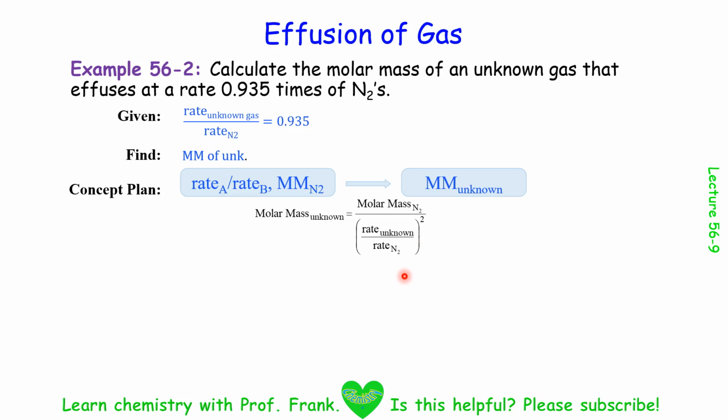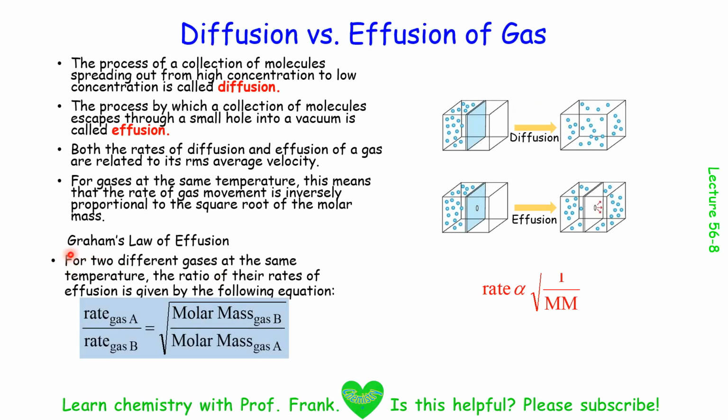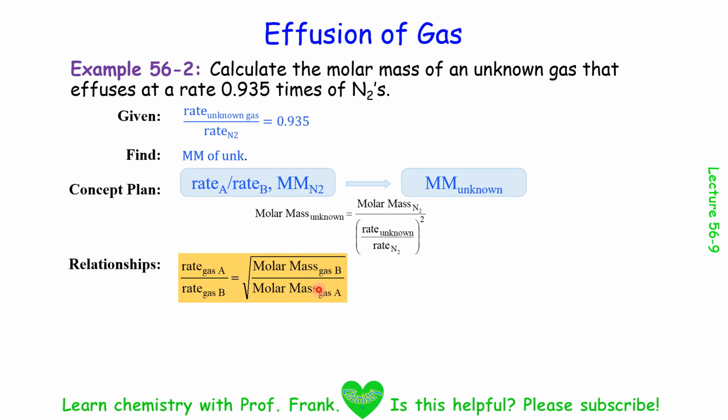And where did we get that equation? We get that equation, of course, from Graham's law of effusion. And from this key equation, we should be able to find the molar mass of the unknown gas. We move this to the left-hand side, and keep the molar mass of nitrogen on the right-hand side. Then we move this term to the right-hand side as a denominator.